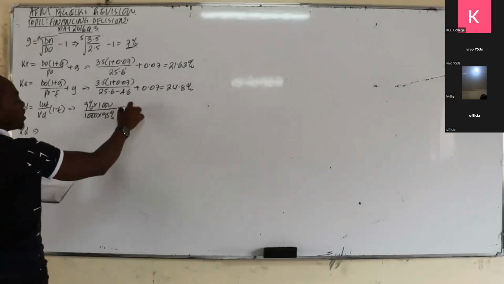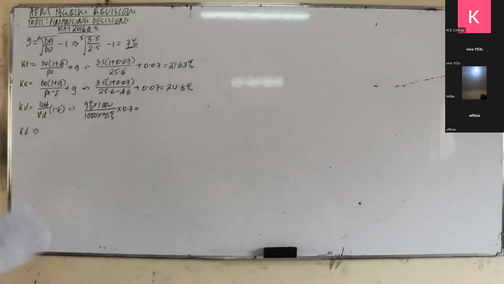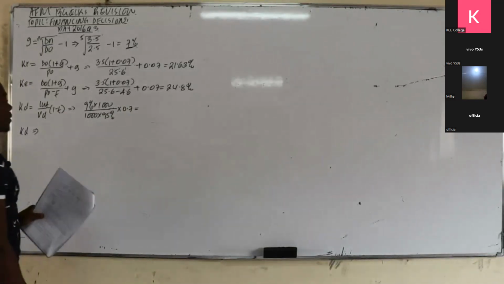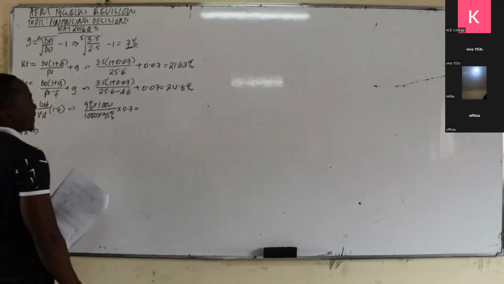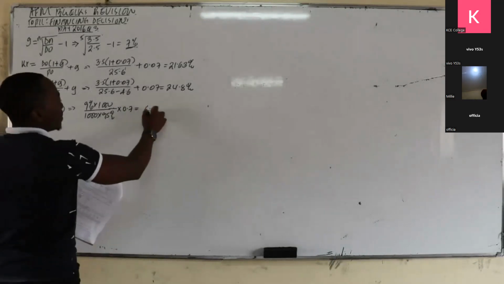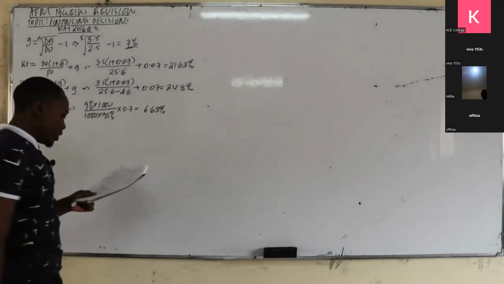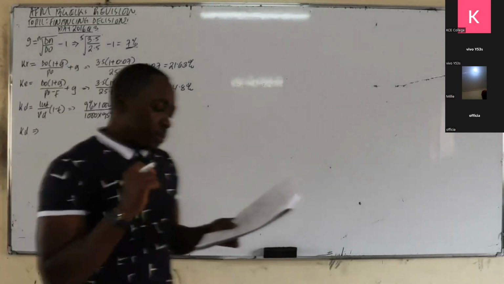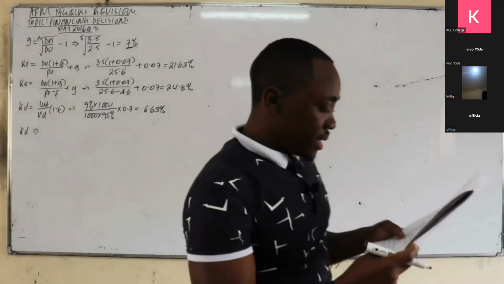Then you multiply by 1 minus T. So you take 90 divided by 950, and then you multiply by 0.7. We have 6.63%.